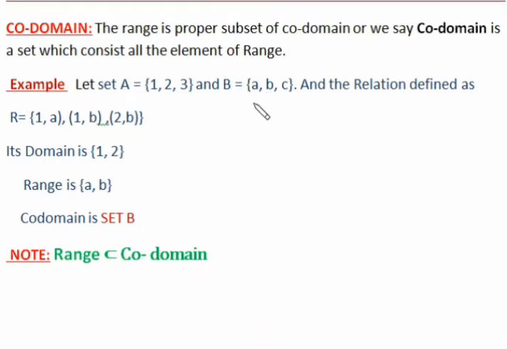That's why we say that range is a subset of codomain. Maybe it's equal, and c is also present in the range. It's possible, there is a possibility. That's why the codomain is the set B. The range is always a subset of the codomain.